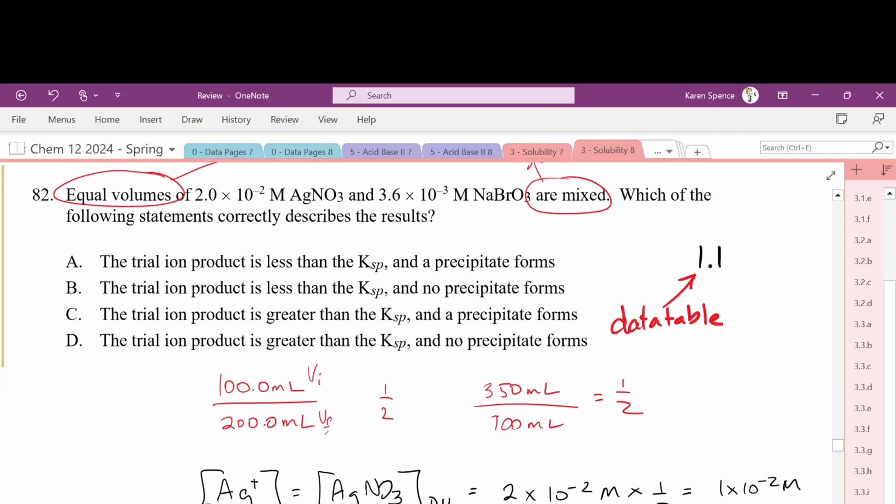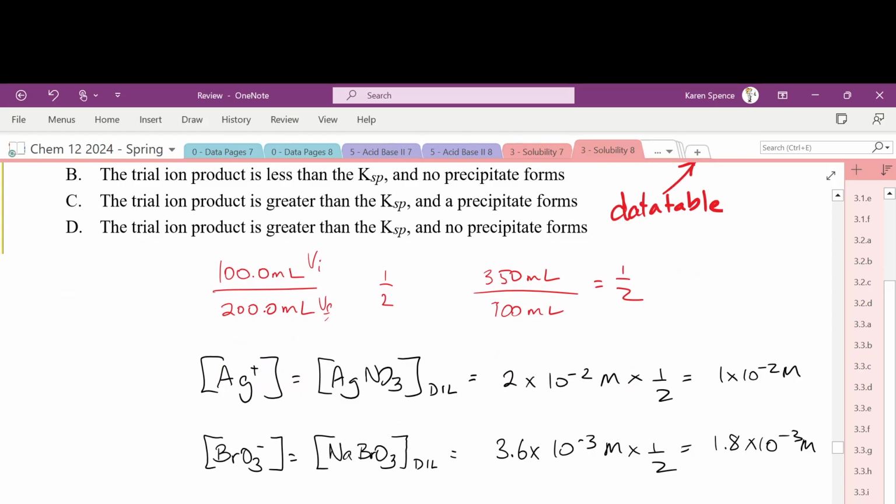Concentration of bromate is equal to the concentration of sodium bromate diluted. So that's going to be 3.6 times 10 to the negative 3 molar times 1 over 2, 36 divided by 2 is 18. So that's 1.8 times 10 to the minus 3 molar.